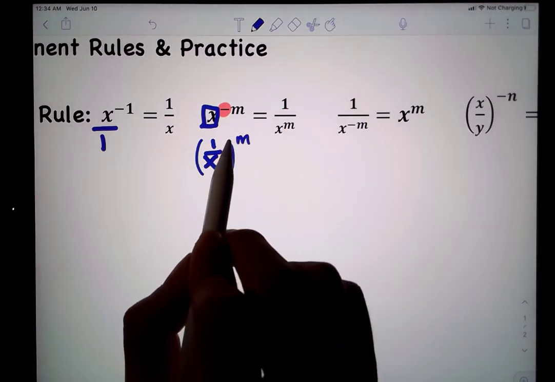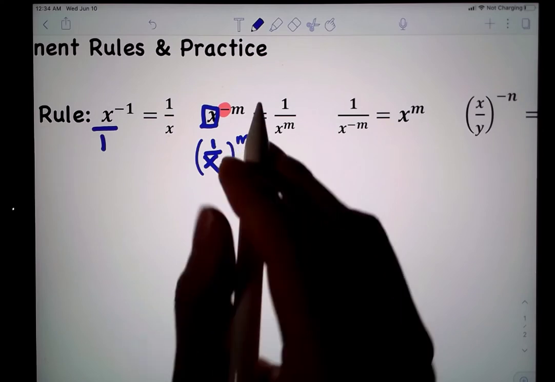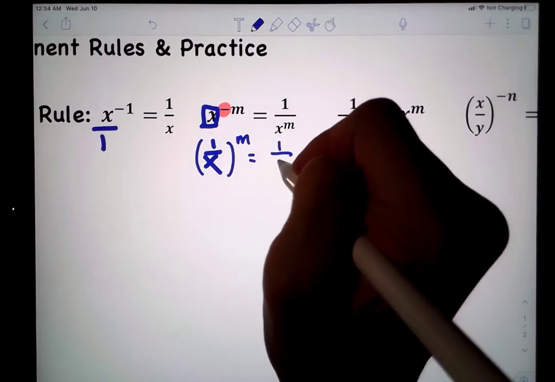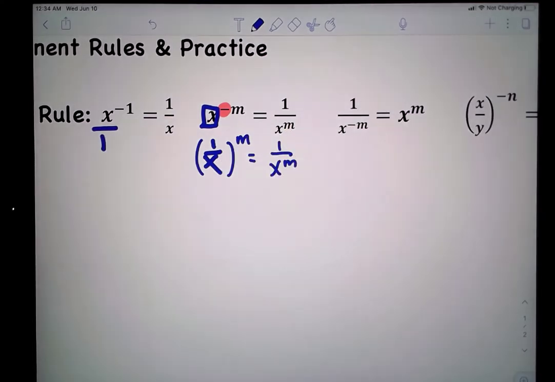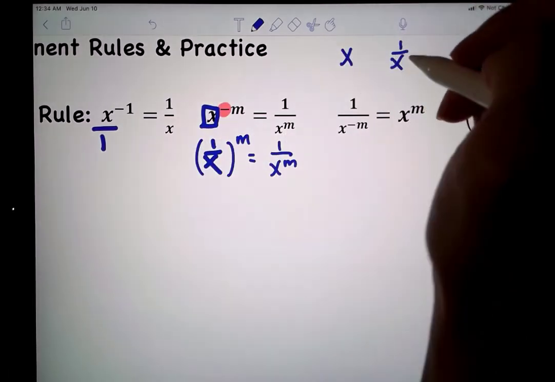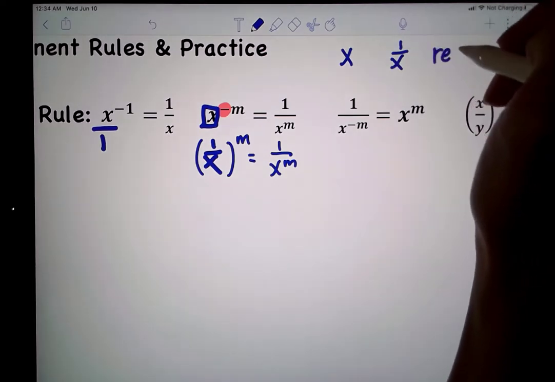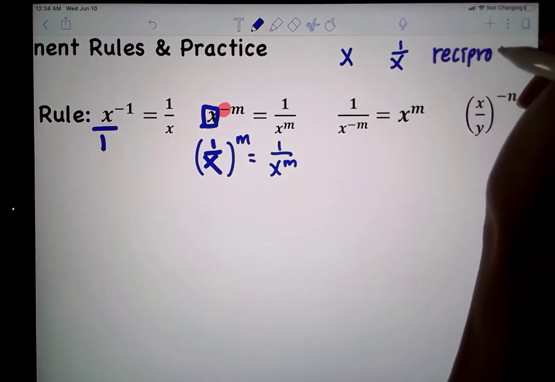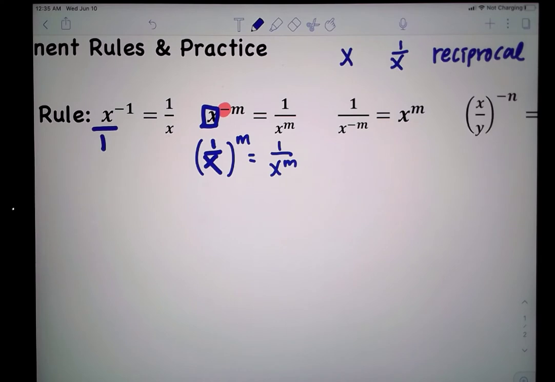We learned about distributing the power, right? So 1 over x to the m, like this. We call x and 1 over x reciprocals, which means you're switching your numerator and denominator.